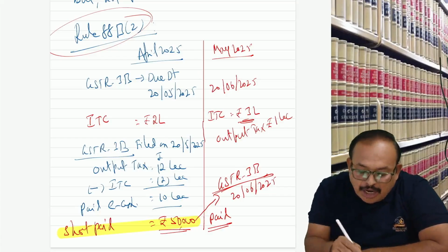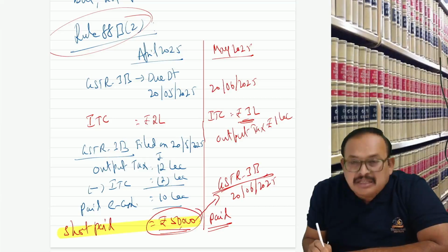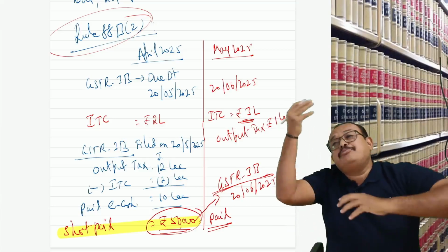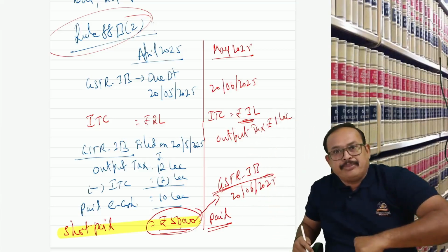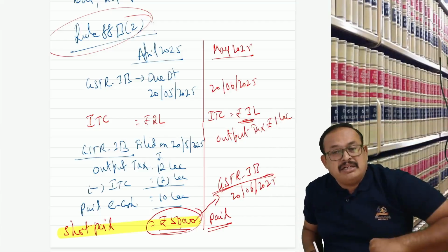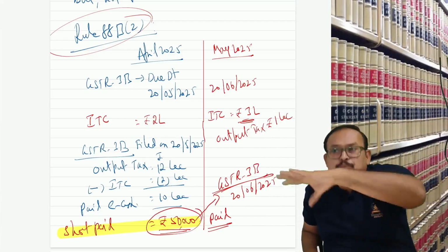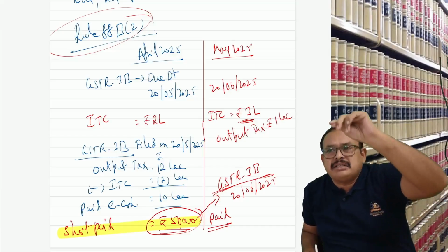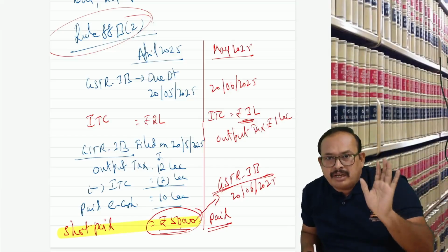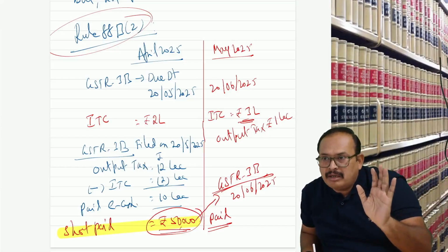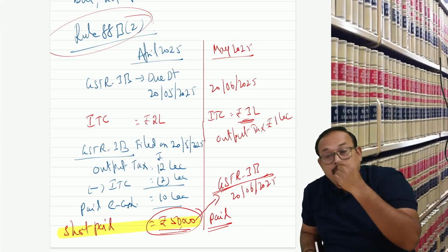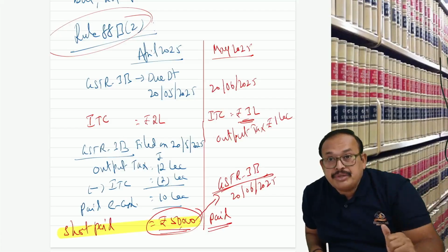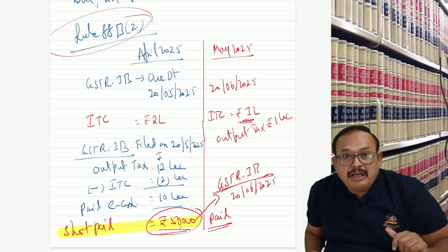See, short paid 50,000, subsequent period I am going to pay. Such a payment I have to pay through electronic cash ledger. Correct? But what you are doing here is, I am liable to pay how much?